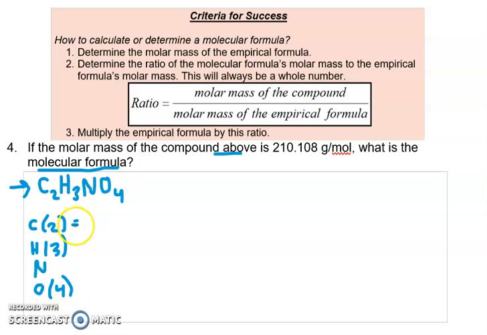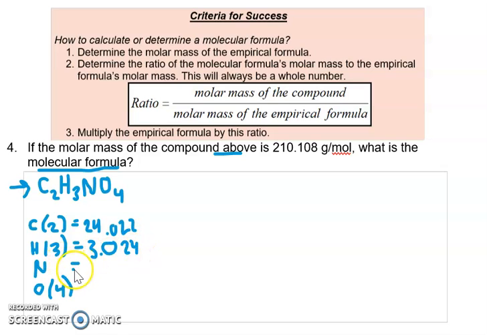So if you look at the periodic table, the mass of carbon is 12.011 times 2 is 24.022. The mass of hydrogen is 1.008 times 3 is 3.024.